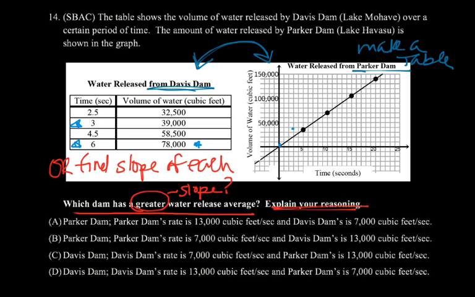Each of my tick marks on the left are 10,000. So 6 and 78,000 is going to be somewhere about here. All right, so this is my line for Davis, and the black one is my line for Parker. So from the graph, I can tell that Davis has a faster water release.